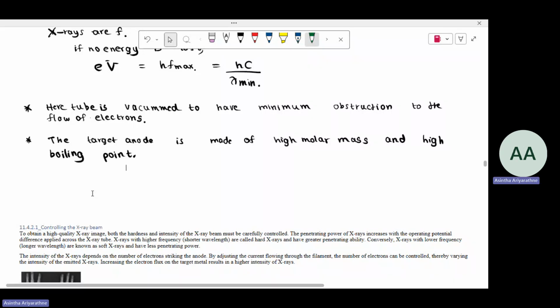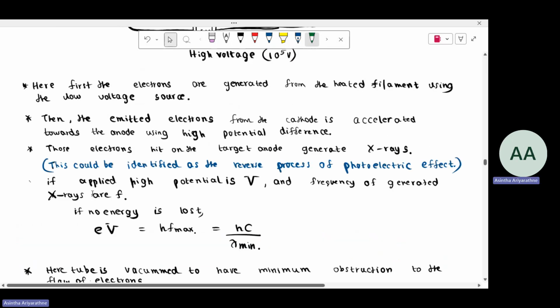Yes, high molar mass and high boiling point. Right, so that's how it goes.